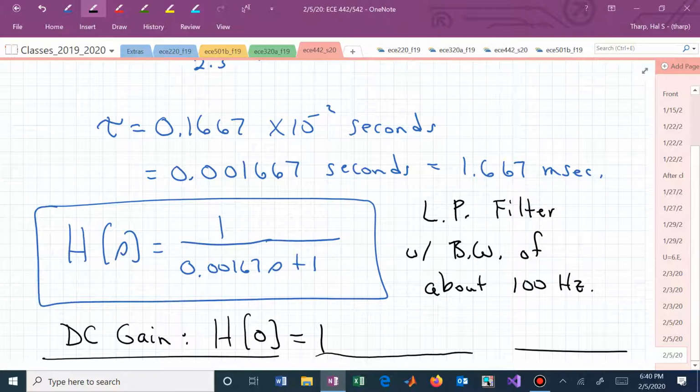What if I put in a sinusoid with a frequency of 0.2 hertz to that low-pass filter? What can you tell me about the magnitude of that sinusoid at the output? What's the frequency of the output? It's the same.